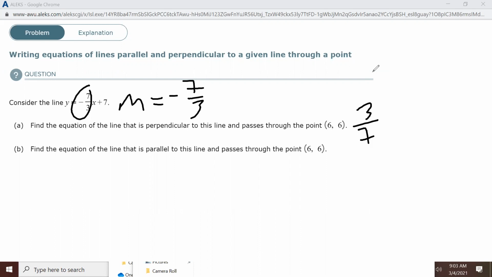And for a parallel line, it would just be the same slope as the -7/3. So let's see how to get the equations now that we have those slopes.